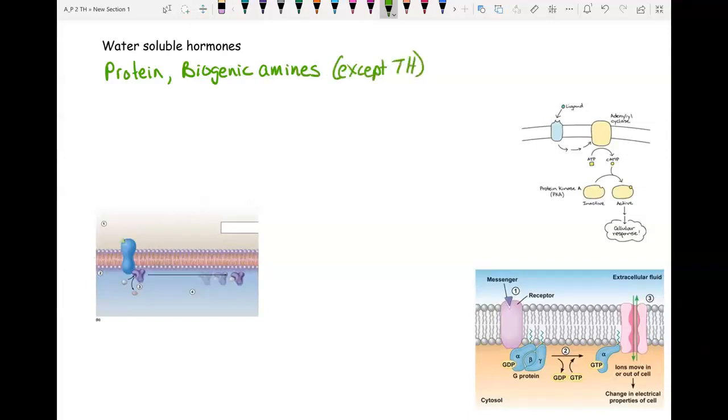So thyroid hormone is a biogenic amine, but it is not water-soluble. Being water-soluble means that they will mix with water, or in other words, they're hydrophilic.